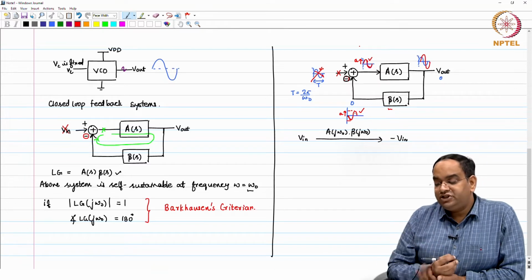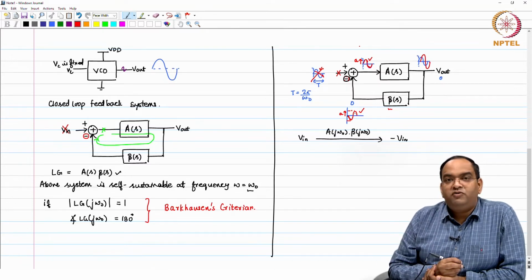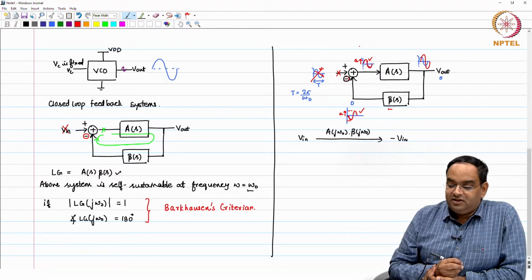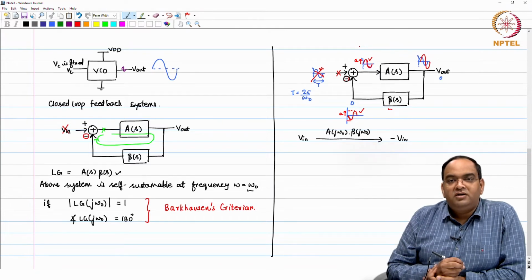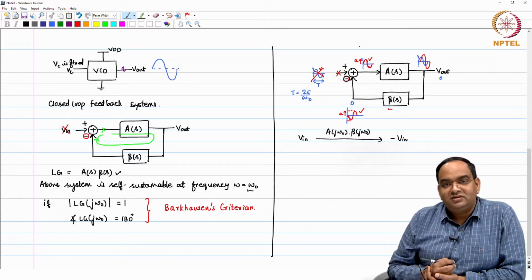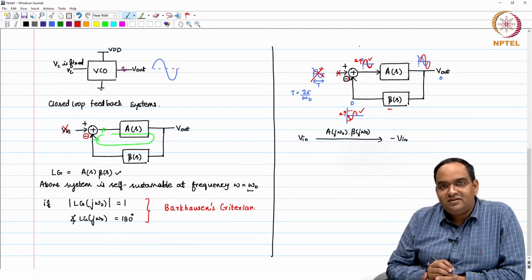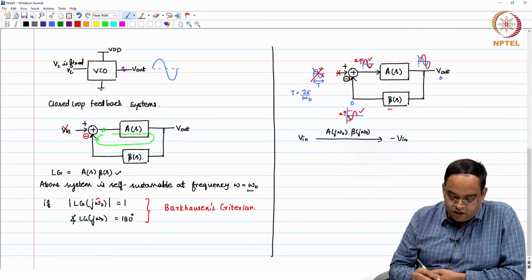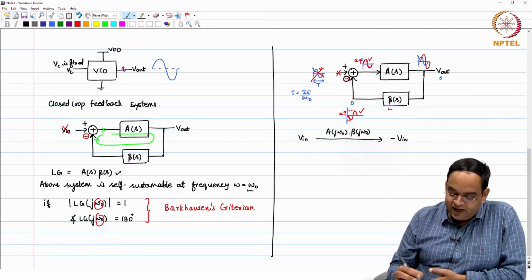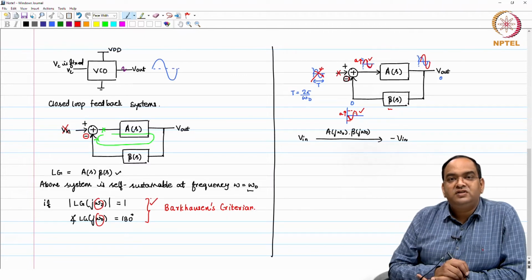You can ask a question: if I do not feed anything, where will the sine wave arise in the first place? Well, if this system is a model of some circuit block, there is going to be noise in the system. Noise exists at all the frequencies. At one particular frequency, which is omega naught, you will satisfy this criterion for sustained oscillations.